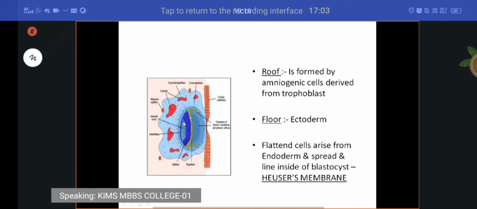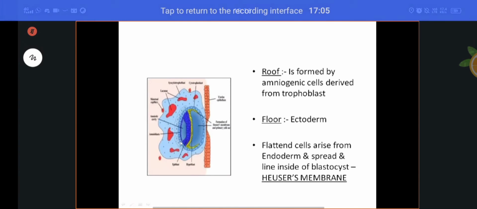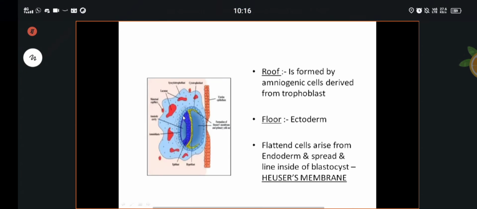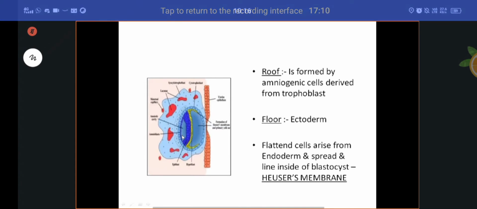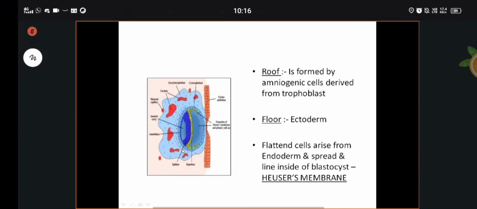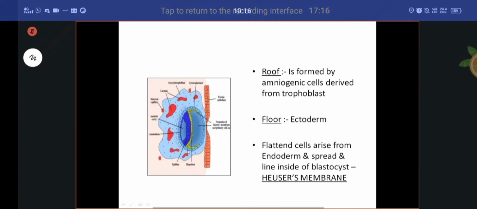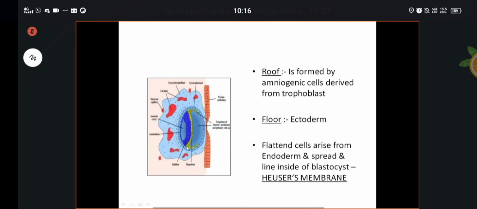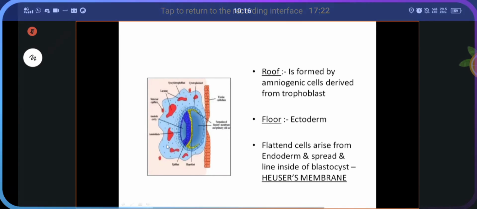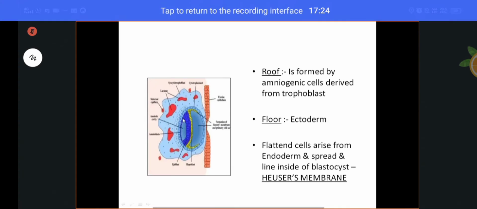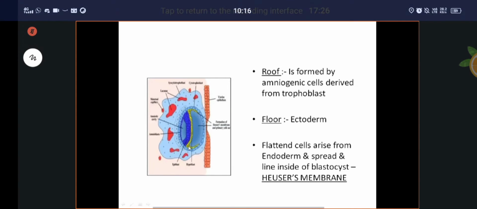The roof is formed by the amniogenic cells derived from the trophoblast, whereas the floor is formed by the ectoderm. Here, flattened cells arise from the endoderm and spread inside this blastocyst.